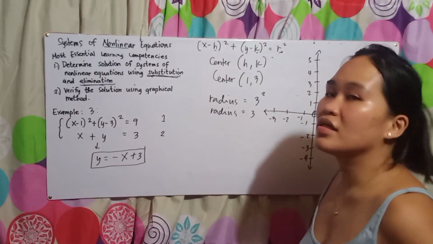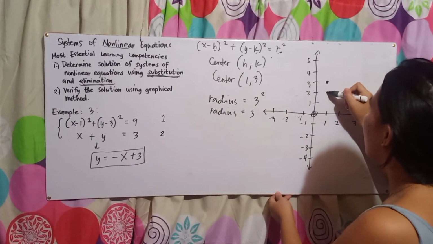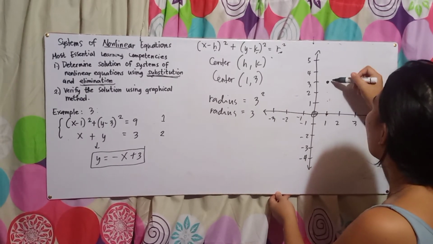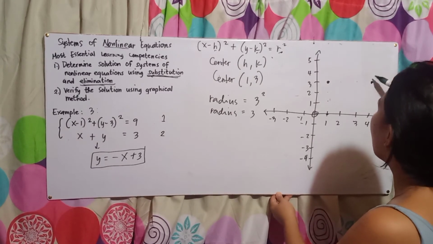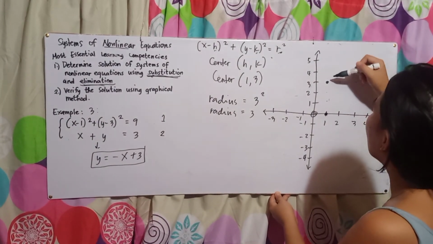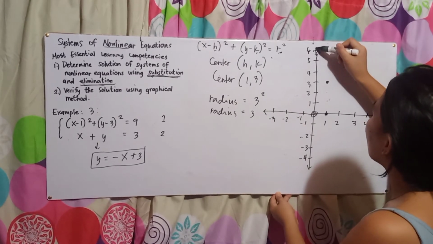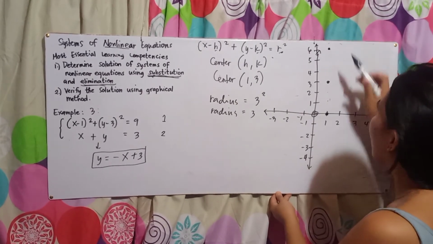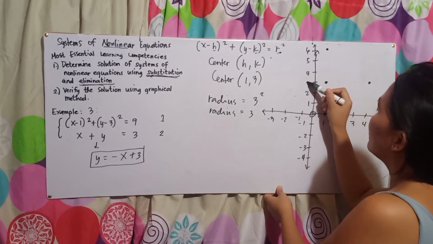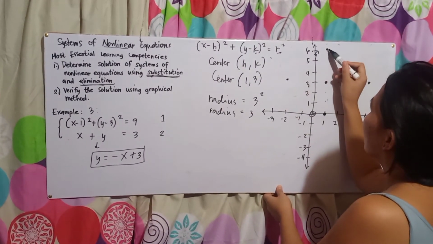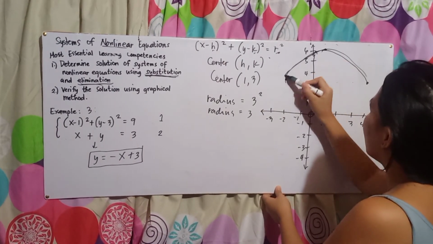Then, ang radius is 3. So, mag-ihap ka o tatlo gikan diri. 1, 2, 3. Tatlo po padulong diri. 1, 2, 3. So, diri ang mga edge sa circle. Then, 1, 2, 3. Then, tatlo po diri sa pikas. 1, 2, 3. So, mao ni ang mga edge sa circle.